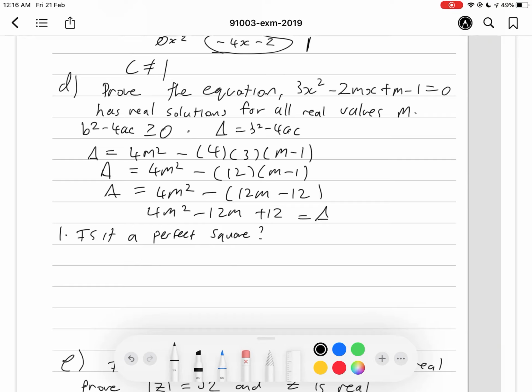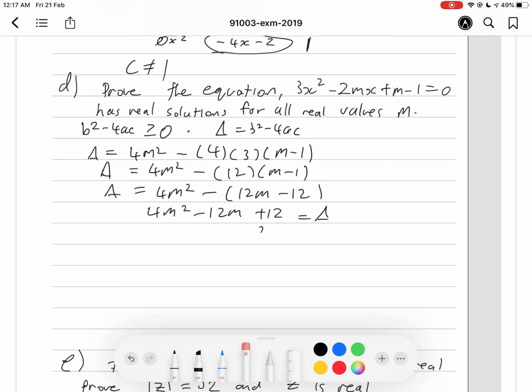So in this case, number 2, we have to complete the square, and by completing the square, we can also prove that it's greater than 0. So 2 is complete the square. Okay, so we have those two possibilities.